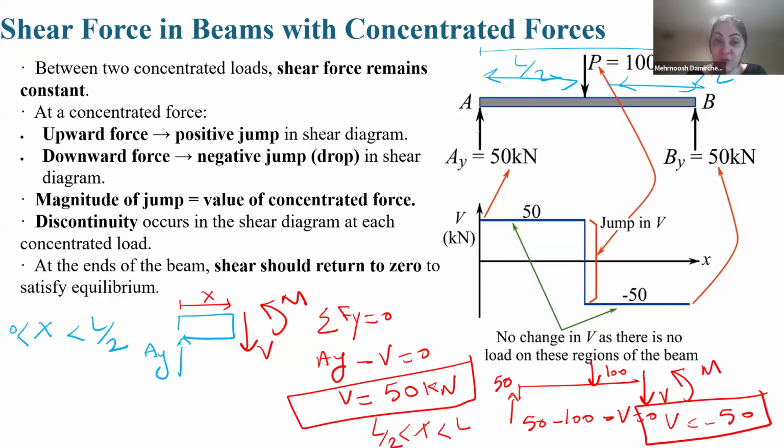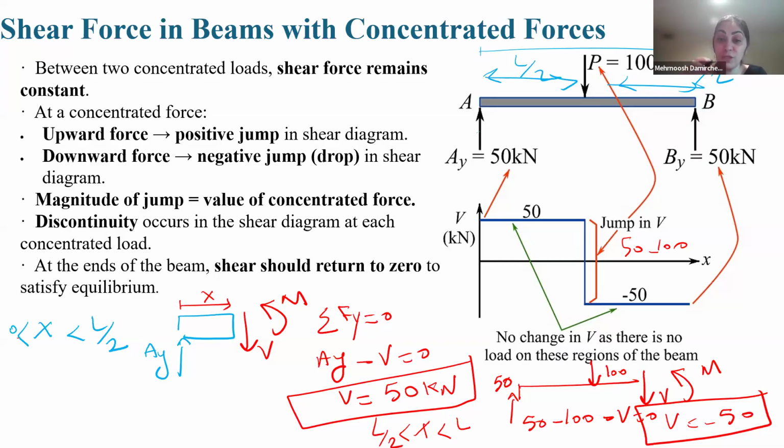We have a negative jump or drop as soon as we reach a downward force. Now P, 100 kilonewton, is downward. So we have a jump downward, a drop. How much? As the amount of this new load. So 50 minus 100 reaches minus 50.